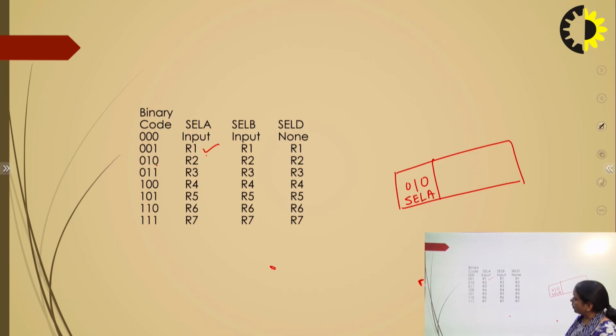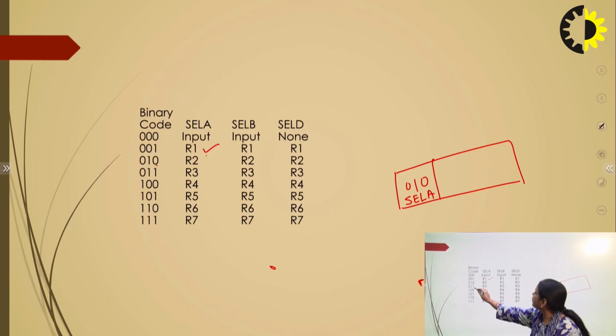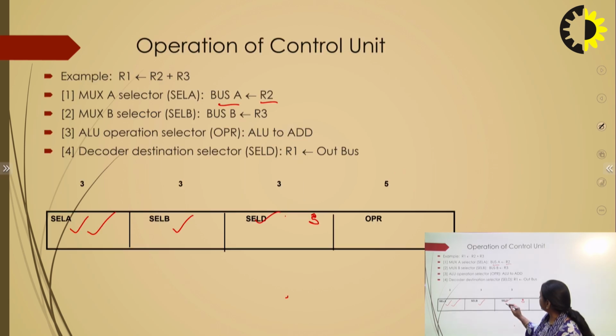Okay. Now, next is SELB. In SELB, we are giving the value of R3. The code of R3 is 0, 1, 1. So, we will have 0, 1, 1 in SELB. And the last one is SELD.